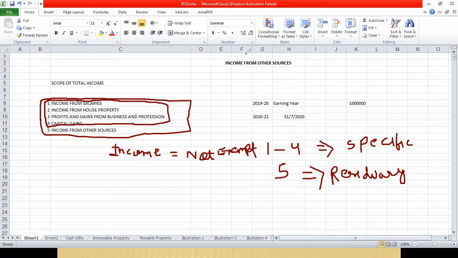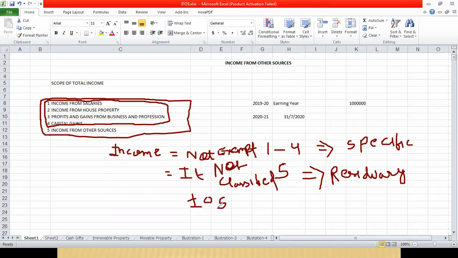What are the 3 points? First, there should be an income to the assessee. Second, that income is not an exempt income. And third, it cannot be properly classified under the preceding 4 heads. If this is the case, then we will call it income from other sources.